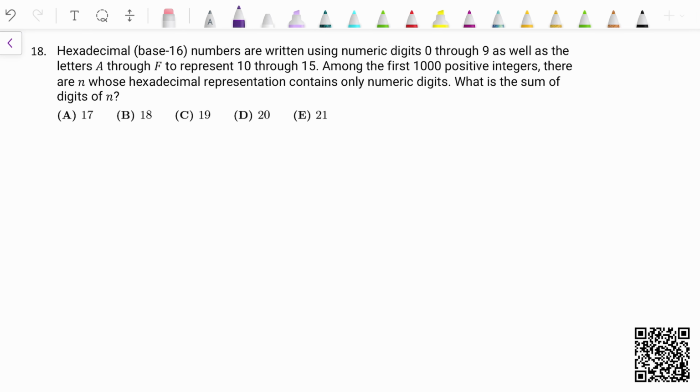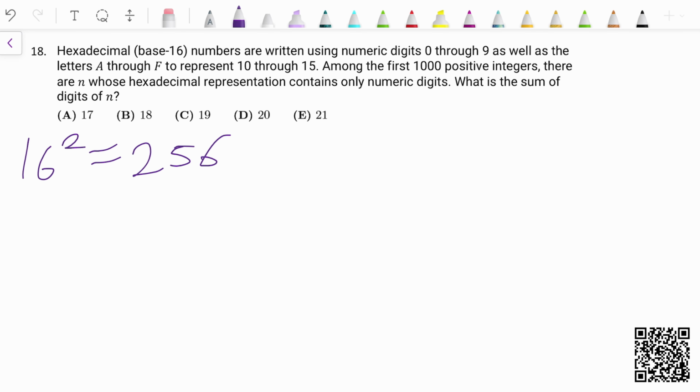So the first course of action that we can take in this method is converting 1000 into hexadecimal form. The first step in doing that is basically finding out how many powers of 16 we can fit in 1000. Since 16 to the power of 2, or just 16 squared, is equal to 256, if we multiply by another 16, aka 16 to the power of 3, it's obviously going to surpass 1000, because multiplying by even 4 would surpass 1000.